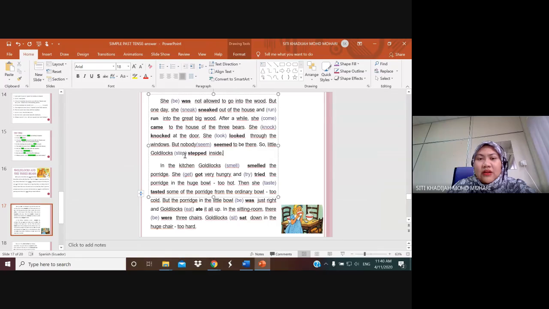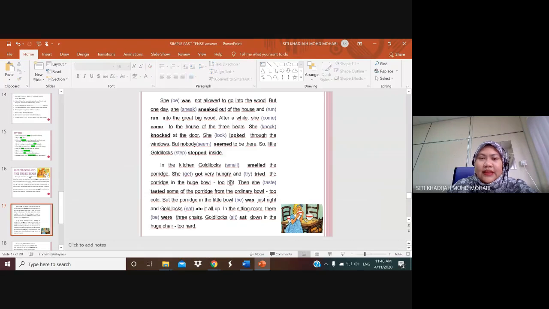So little Goldilocks stepped inside, ED. In the kitchen, Goldilocks smelled the porridge. She got very hungry and tried the porridge in the huge bowl, too hot. Then she tasted the porridge from the ordinary bowl, too cold. But the porridge in the little bowl was just right, and Goldilocks ate it all up.